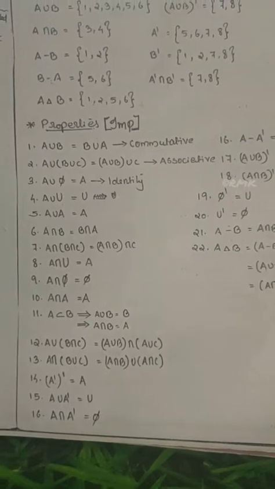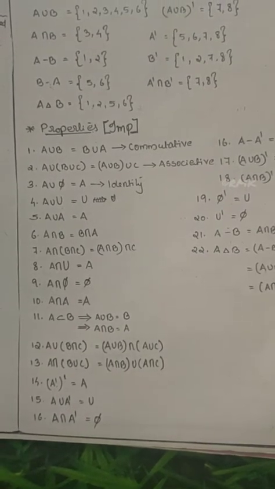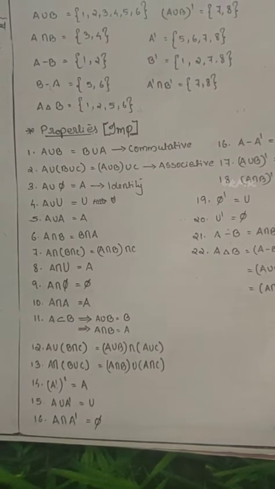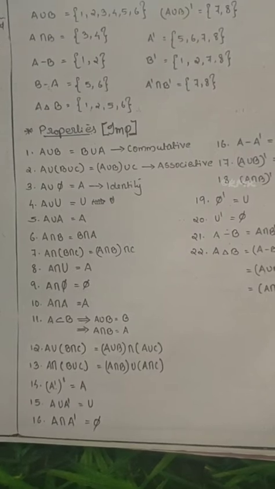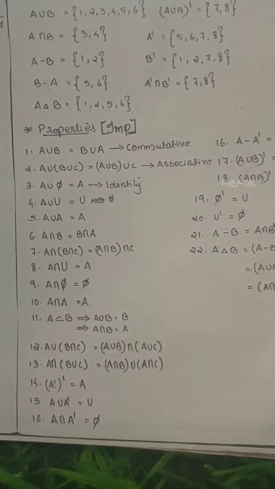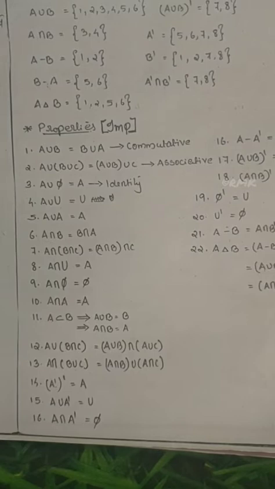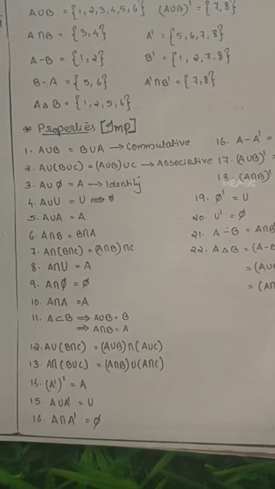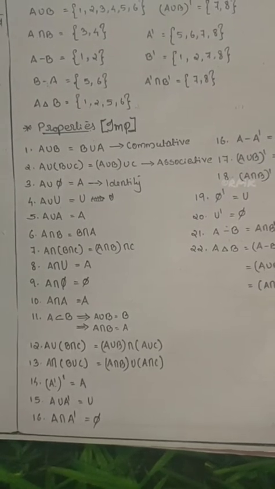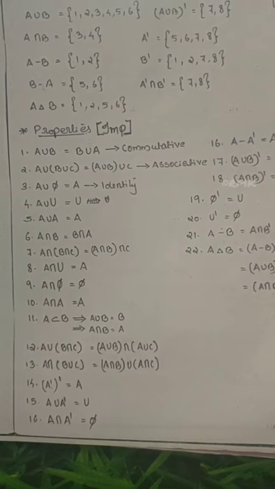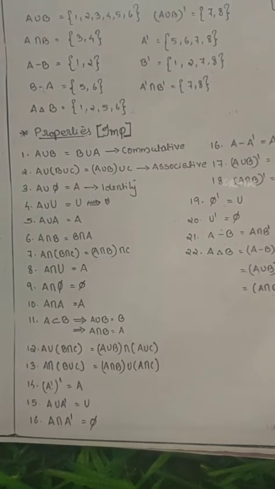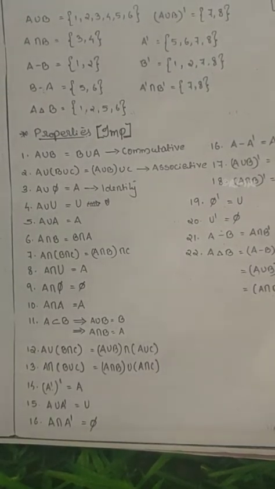Properties of operations. A union B is equal to B union A, like A plus B is equal to B plus A. Commutative property. A union (B union C) is equal to (A union B) union C. Associative.